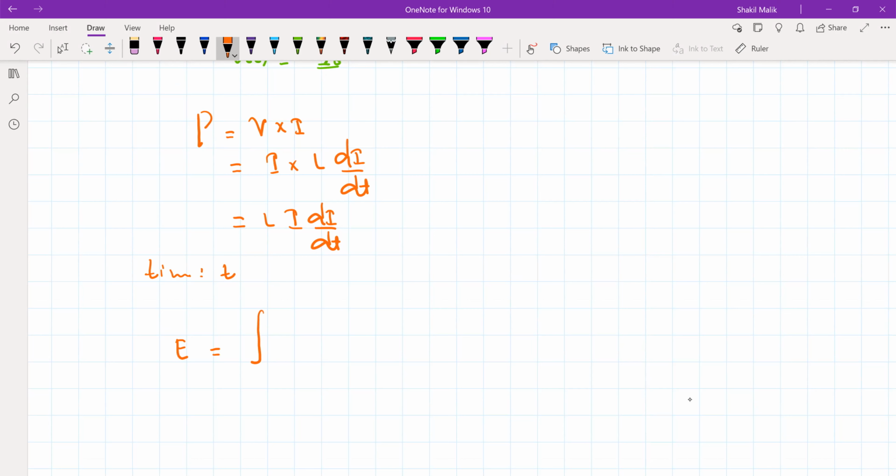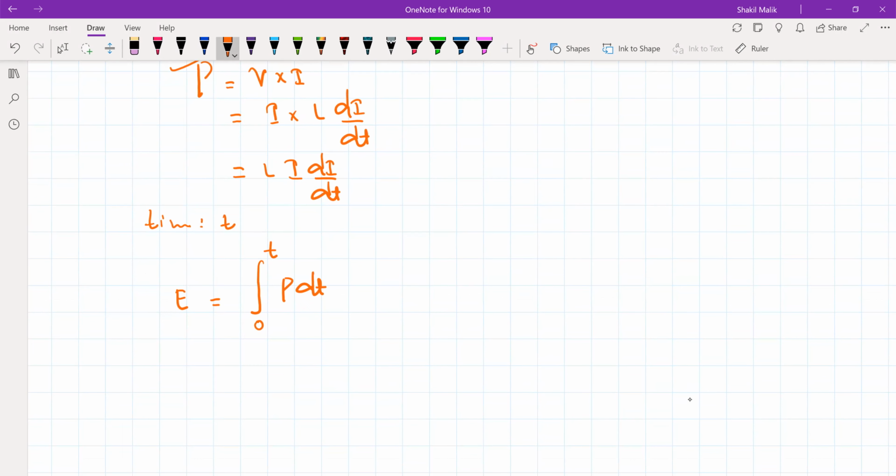The energy acquired by this inductor from 0 to t, whatever the unit of t, will simply be the integral of p dt.